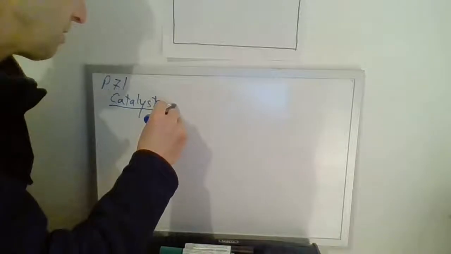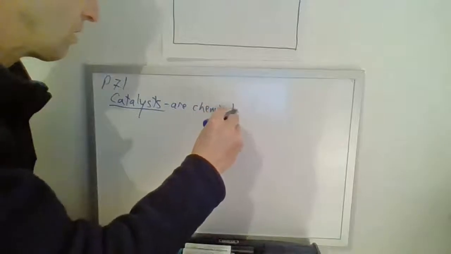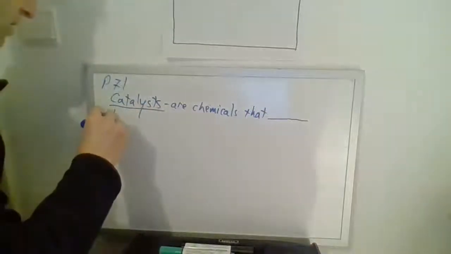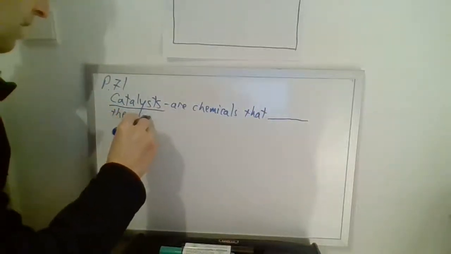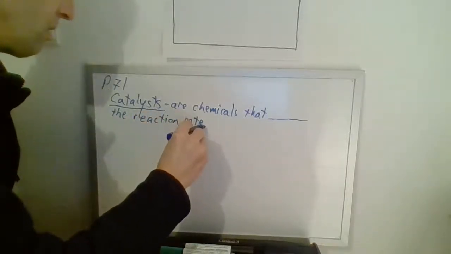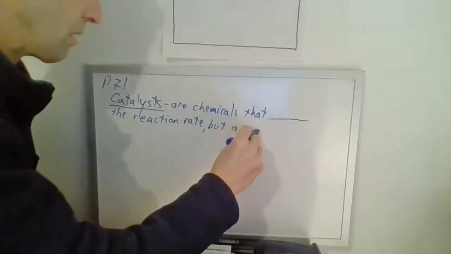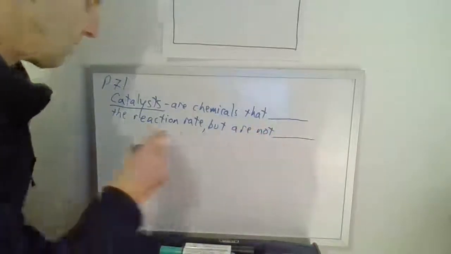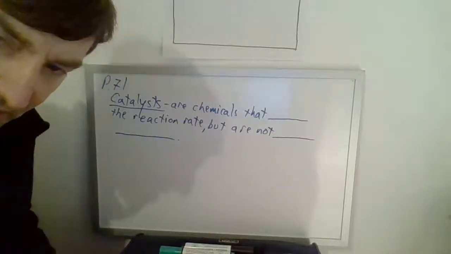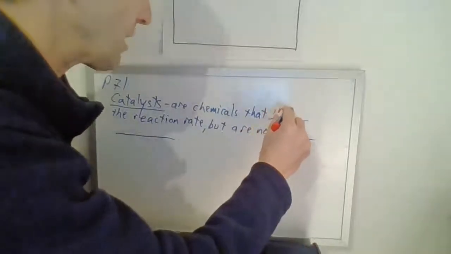Catalysts are chemicals that the reaction rate but are not. Let's see if anybody can fill in the blanks if you've had that before. Thank you, Feeny. She's got one already. So catalysts increase the reaction rate. They make a reaction happen faster.